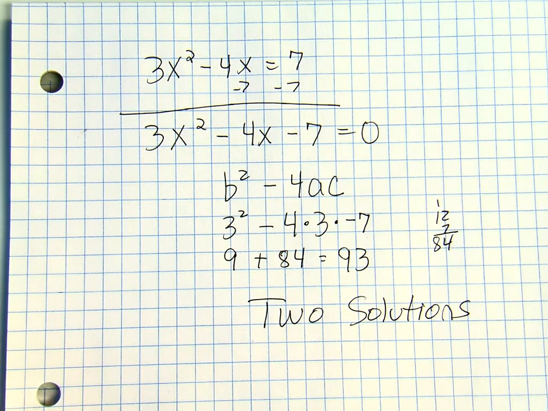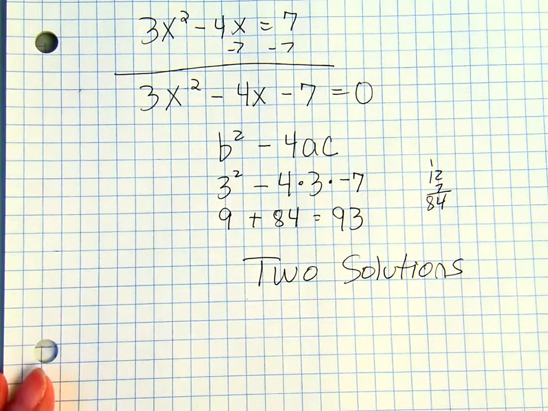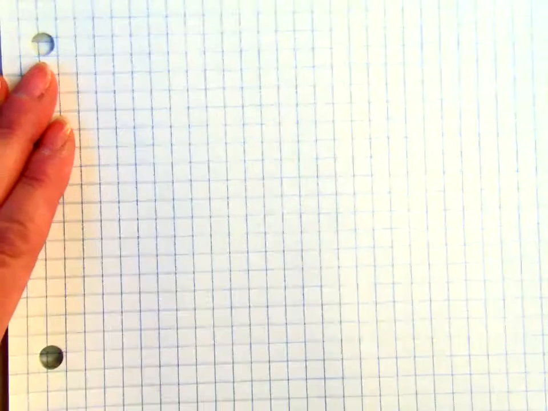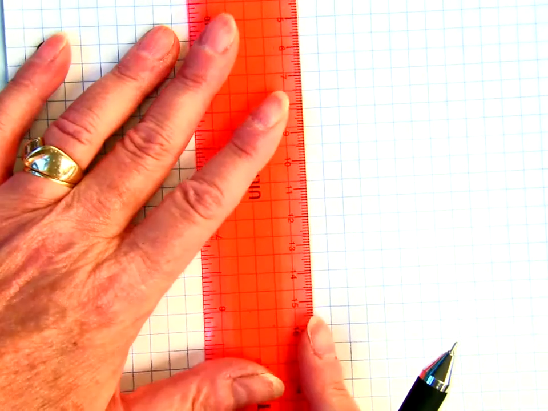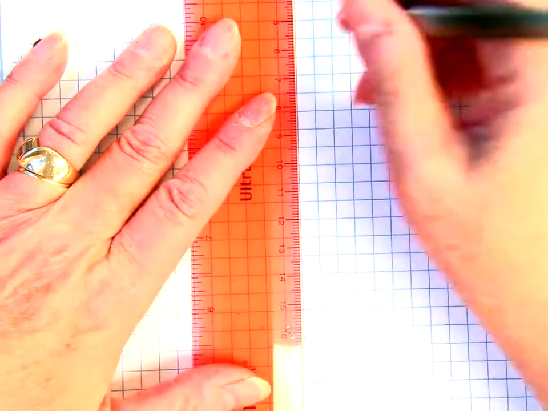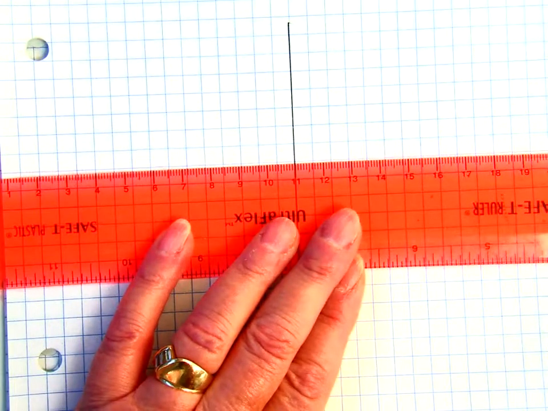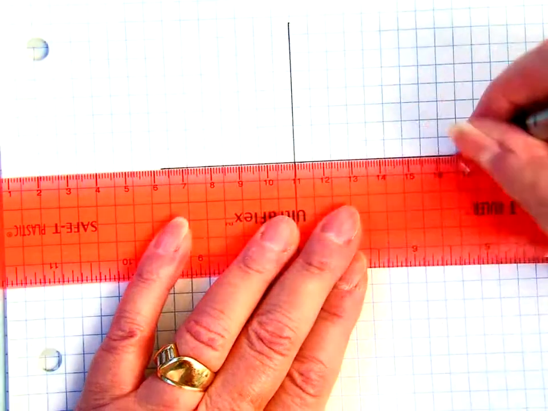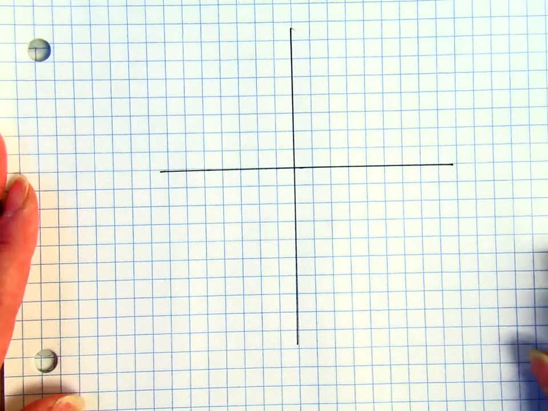And so I can approach it in that manner of finding out all of that information. Just very quickly, let's look at what we're talking about with these solutions. I'm going to very quickly make a coordinate plane, and we are just going to put parabolas on this coordinate plane as they apply to the discriminant.